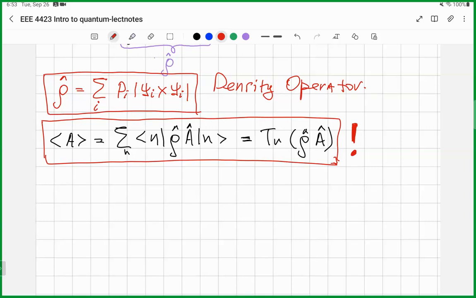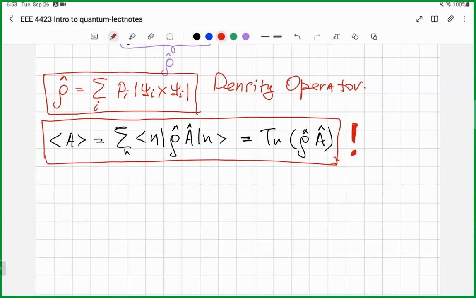So that means that in order to describe a quantum system, instead of the ψ vector, you can use the density operator.